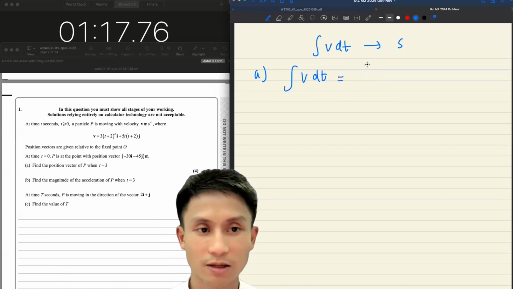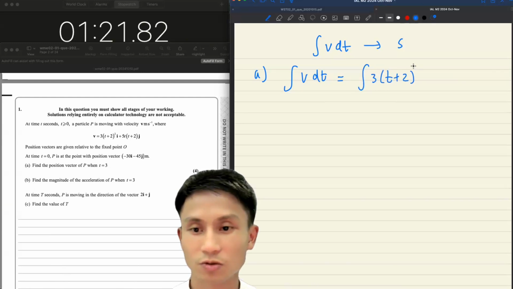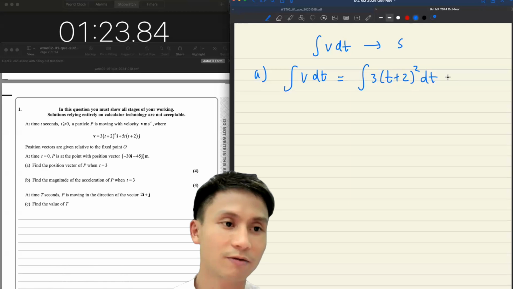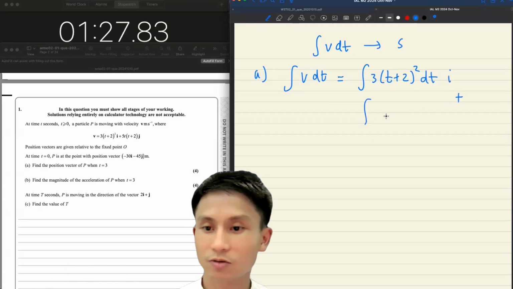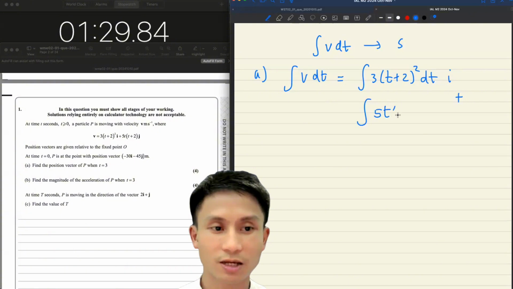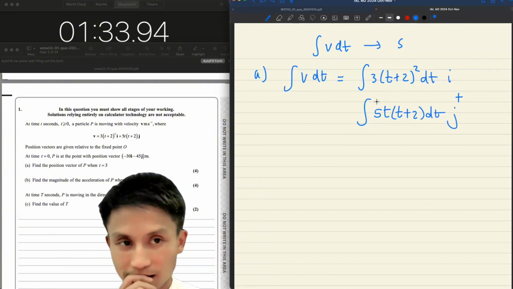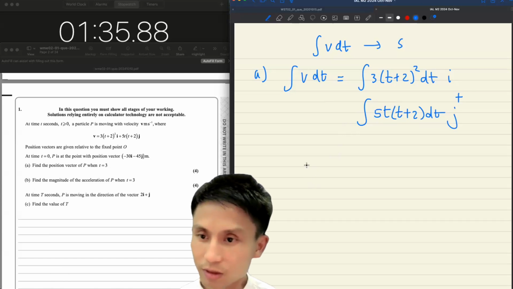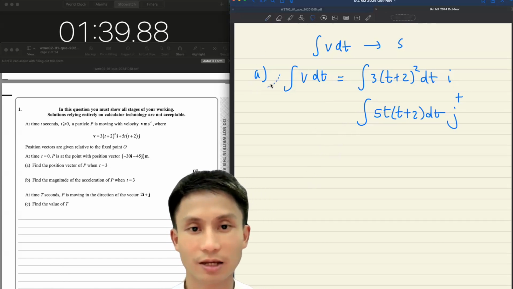So it's going to be the integral of (3t plus 2) squared dt for the i, right? And plus the integral of 5t(t plus 2) dt for the j. And now because we want the position vector, right? So this is actually essentially, let's put that question 1.